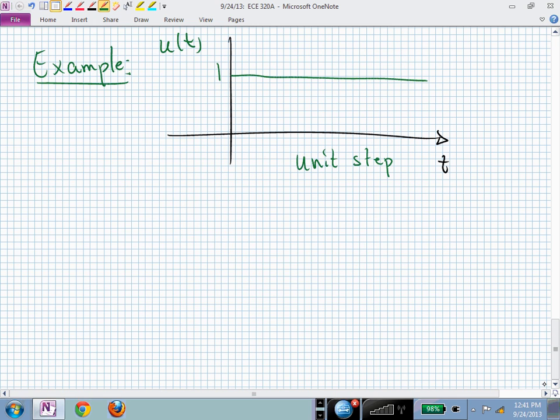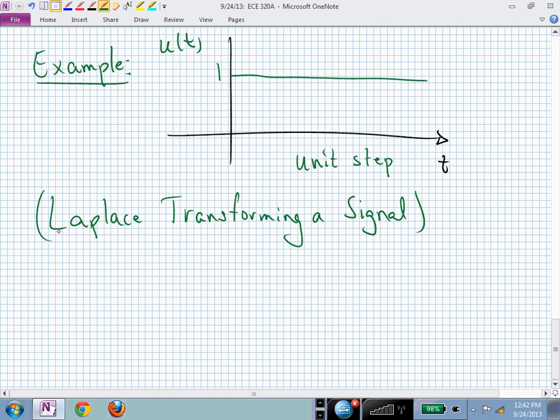What does this look like as far as its Laplace transform? We are now really just Laplace transforming a waveform or a signal. You could think about this being in the lab. You might excite your circuit with a step input. You may now put in this step input from your function generator, and you want to see how your circuit responds to that.